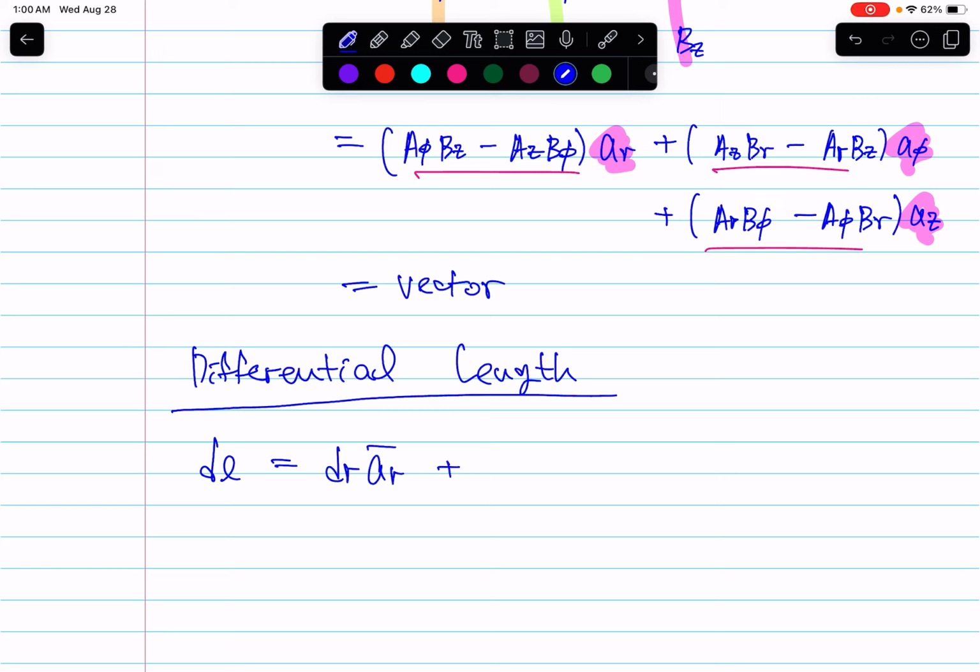And strangely, it's not just purely d pi, a pi, you would think this would be it, and plus dz and az, you would think that this would be the differential length. But the important thing is that you need to multiply r over here. So this is a key here, very important.